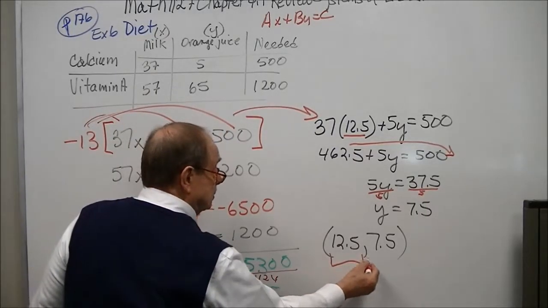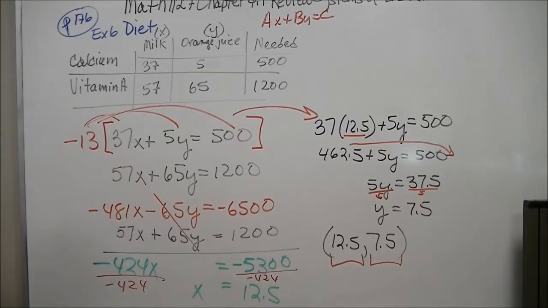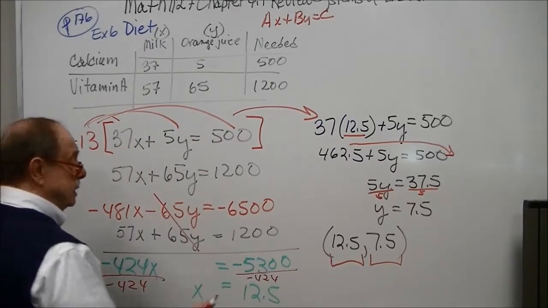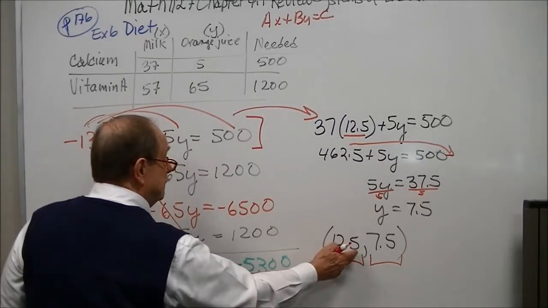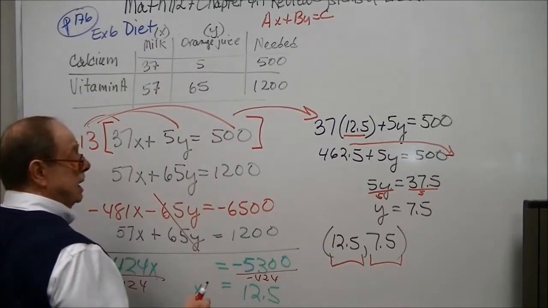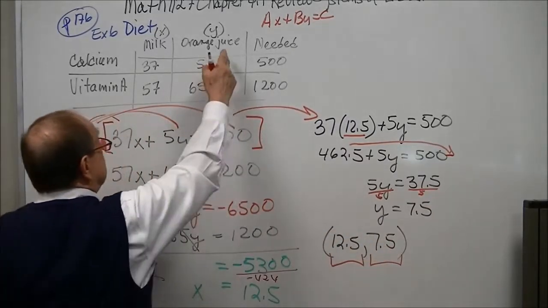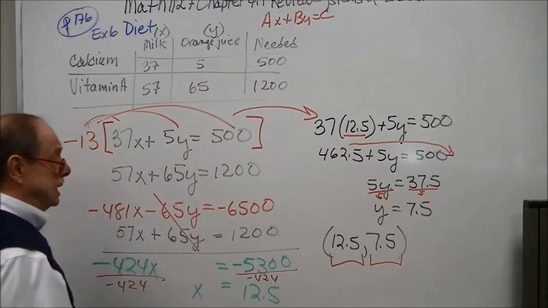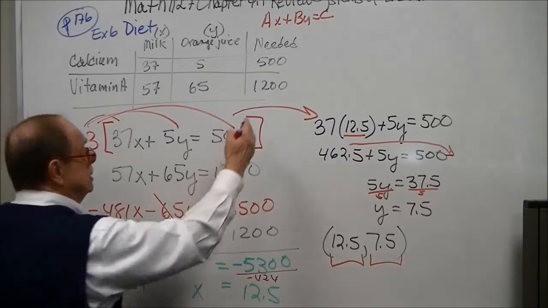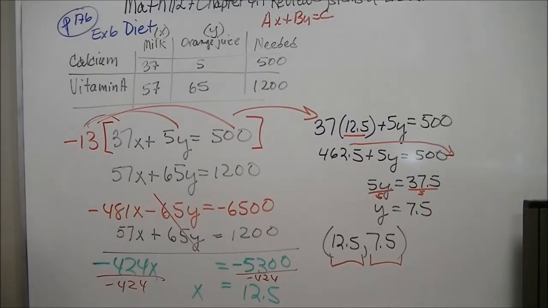So, this is my ordered pair, but what's my answer statement? Well, she would have to take 12.5 ounces of milk and 7.5 ounces of orange juice each day to meet these basic diet requirements.